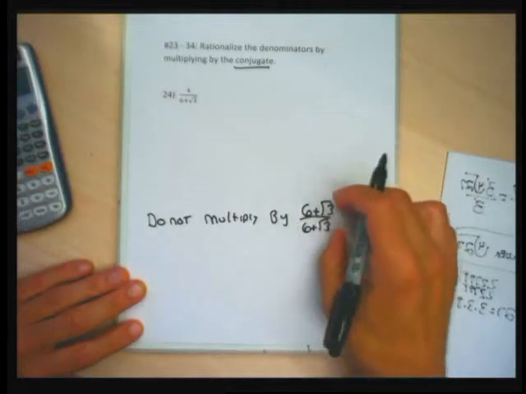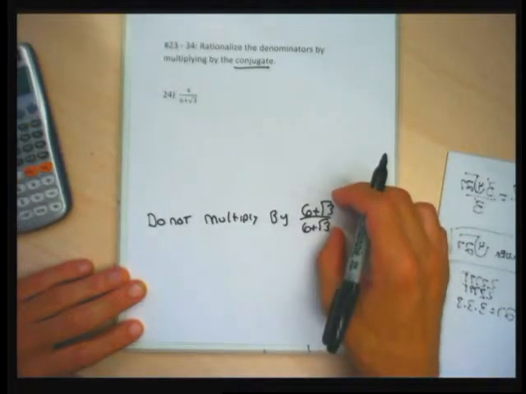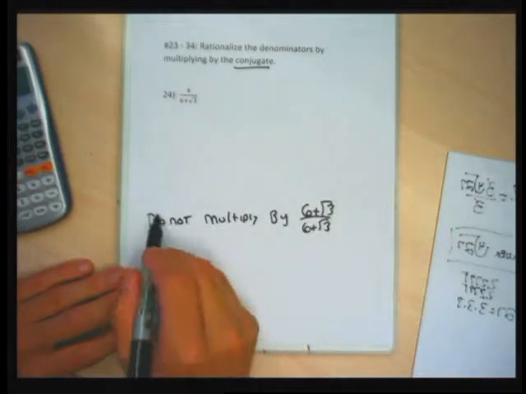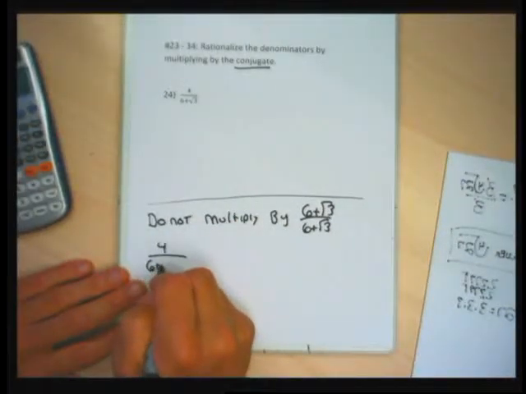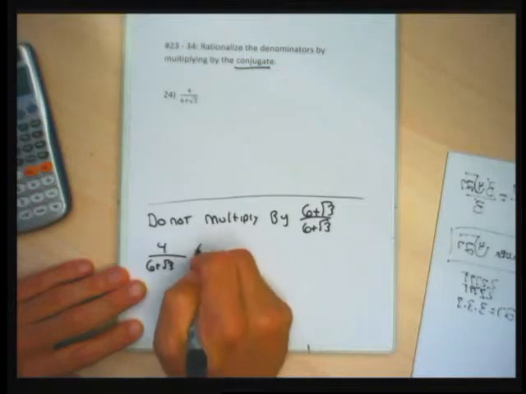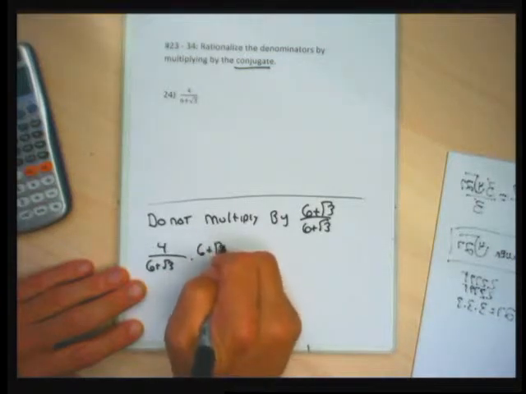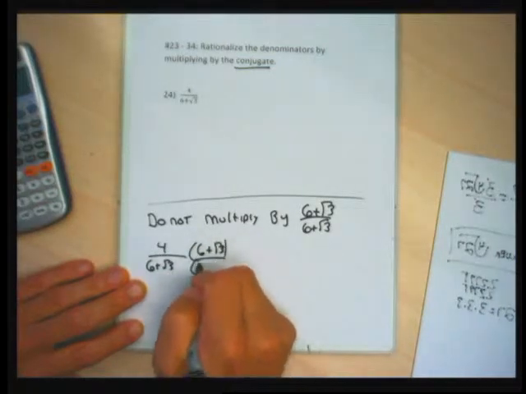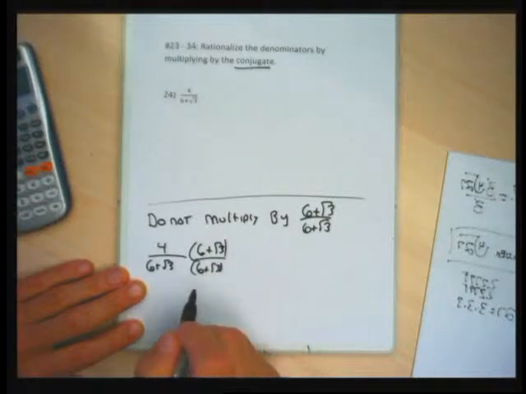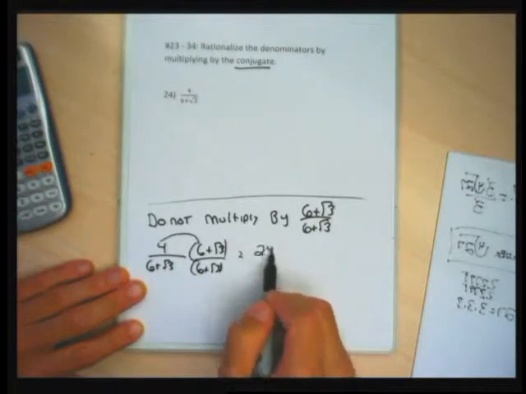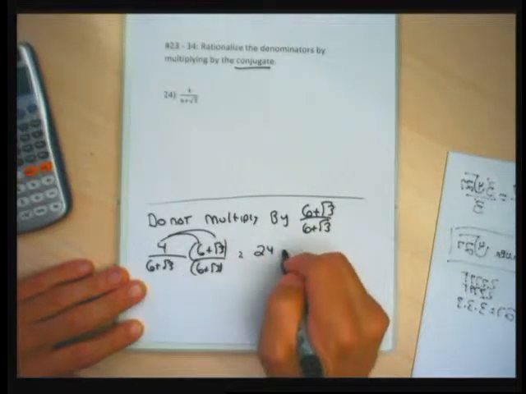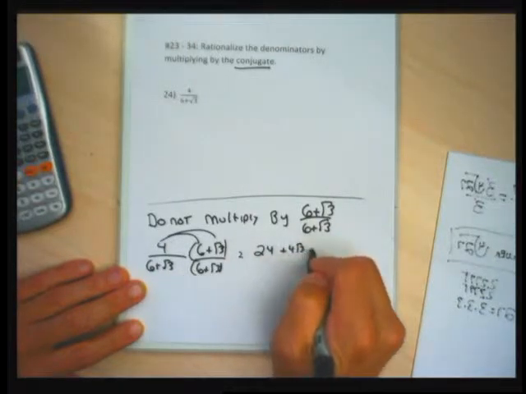If I multiplied by 6 plus square root of 3 over 6 plus square root of 3, I'll show you that this is what happens. If I do 4 over 6 plus square root of 3 multiplied by 6 plus square root of 3 over 6 plus square root of 3, the numerator, I'd go 4 times 6 is 24. 4 times square root of 3 is 4 square root of 3.